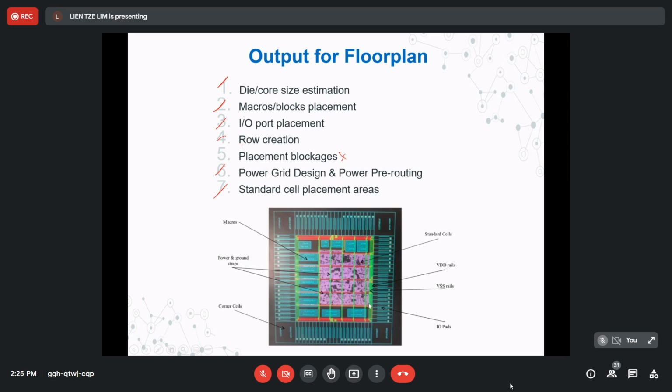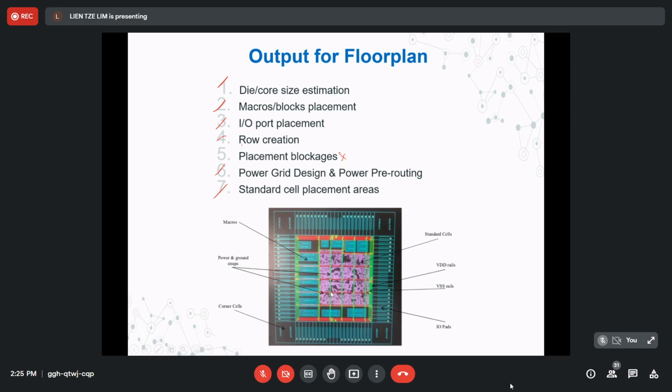As you see in this figure, it shows you the real floor plan. The elements here are macros. Then there are power and ground straps, the lines in green color and red color. All these are the power and ground straps.